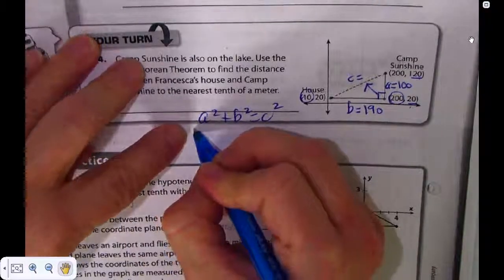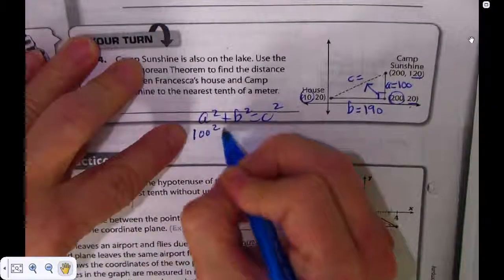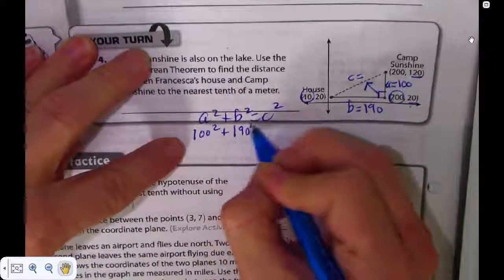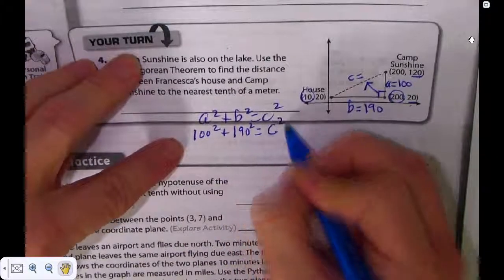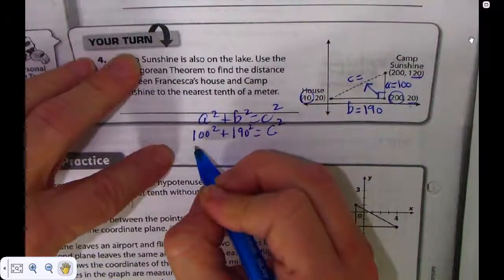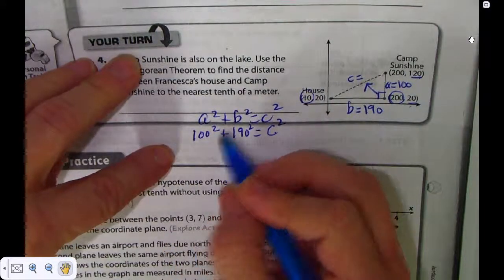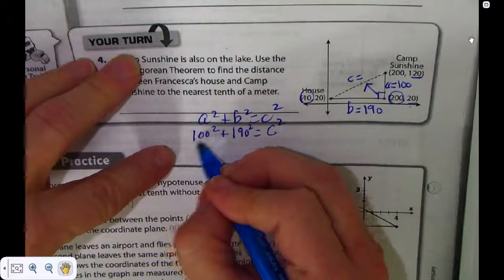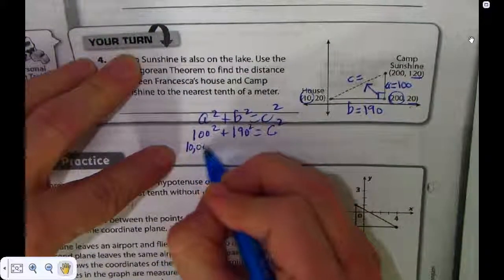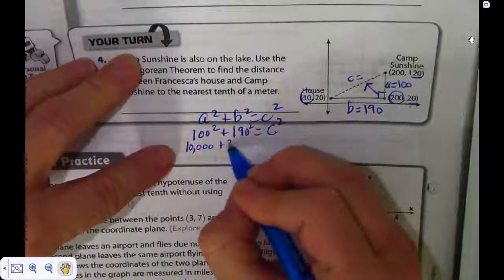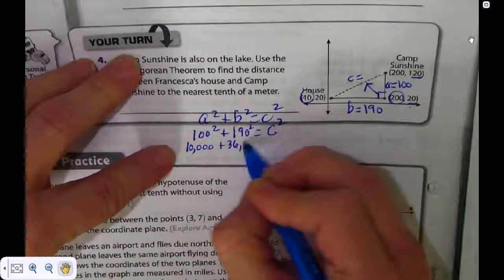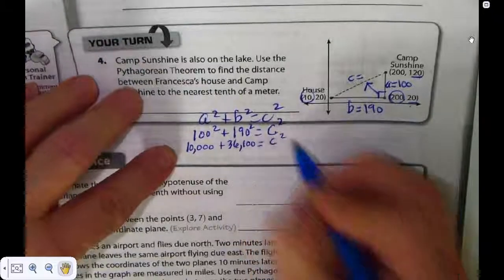So what? Tell me what to write. 100 squared plus 190 squared equals C squared. Do the third line and then we'll say it together. Go. 10,000 plus, good, equals c squared.